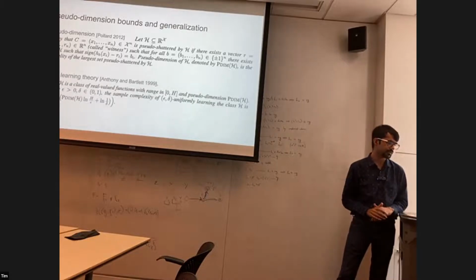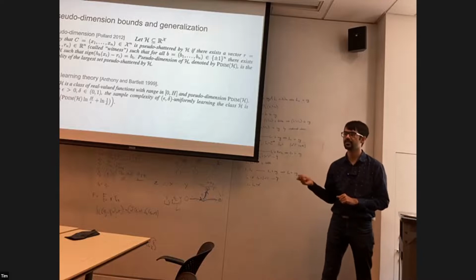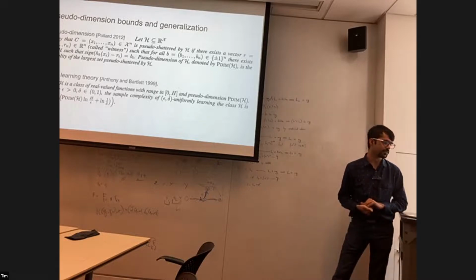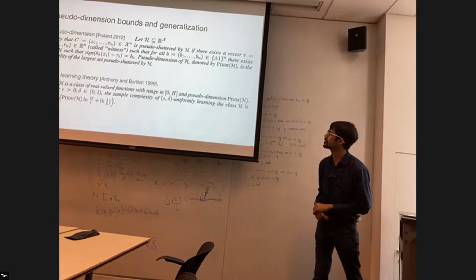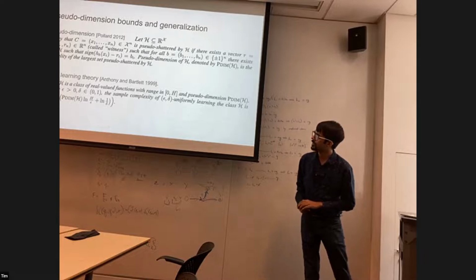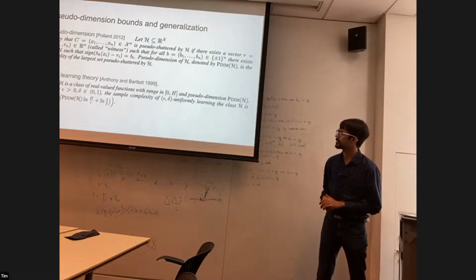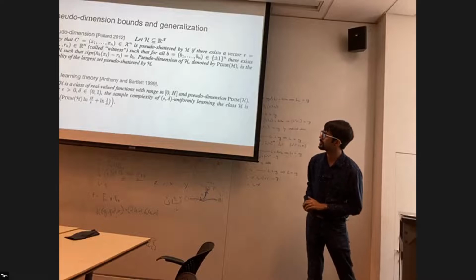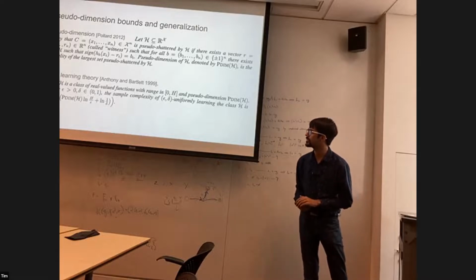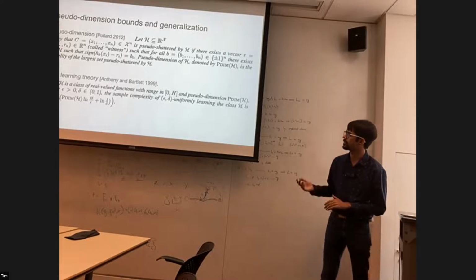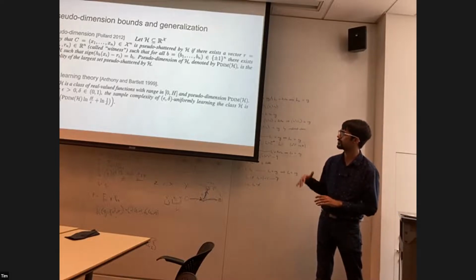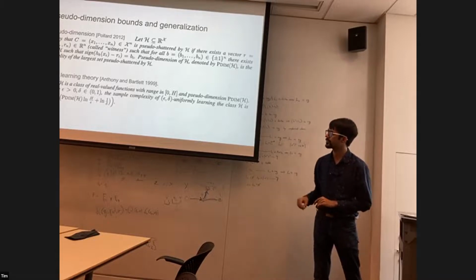And the classic learning theory result gives a generalization guarantee in terms of the pseudo dimension. So suppose you have bounded real-valued functions, and you have a bound on the pseudo dimension. Then for any error target epsilon and confidence value delta, with probability at least 1 minus delta, you can show that the sample complexity of epsilon-delta learning the class H is at most this.